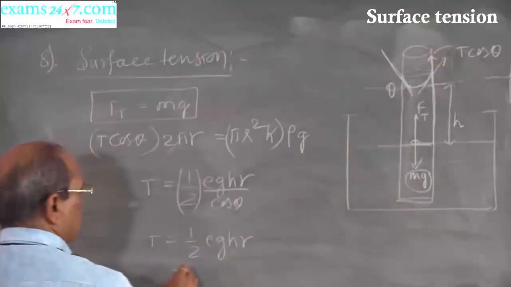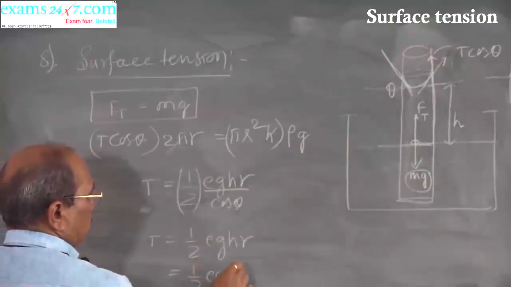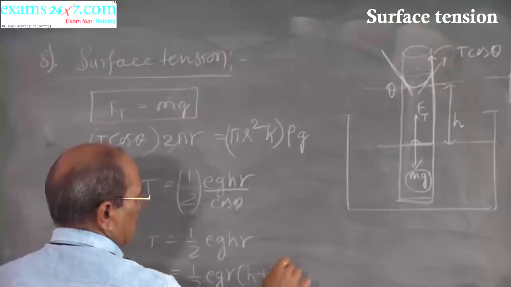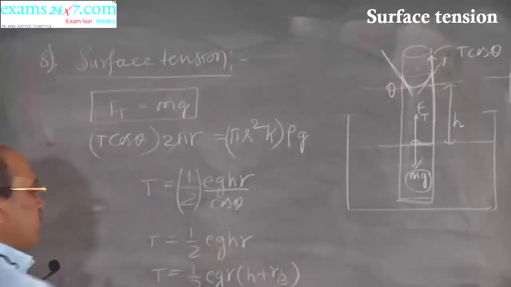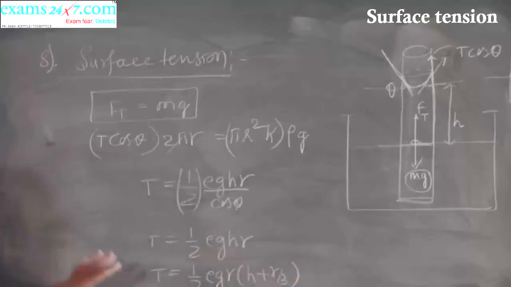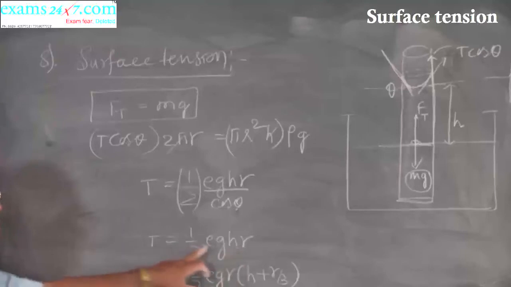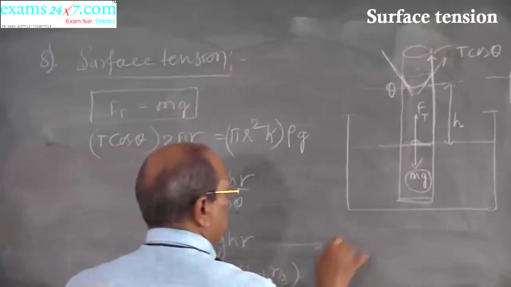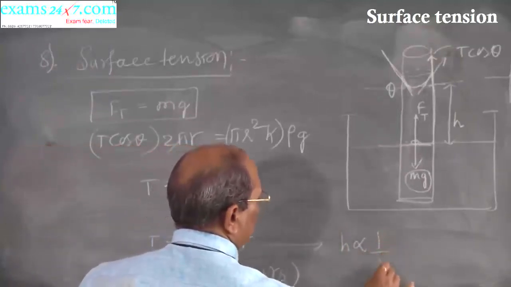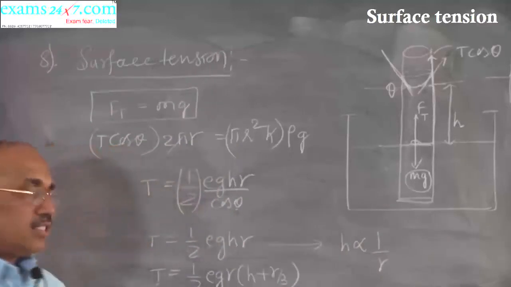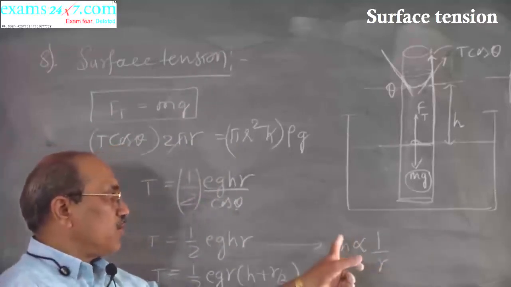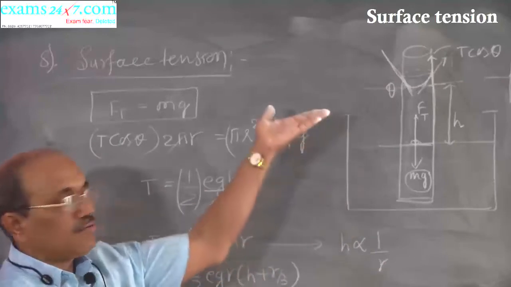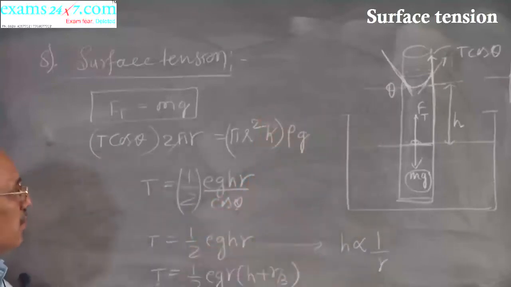And a more appropriate equation may be written as half rho g r into h plus r by 3 for surface tension. For a given liquid at a given temperature, T is constant. If you observe here, density is the same, g constant, T same, the h r product remains the same, which means in case of capillary rise, h is inversely proportional to r. The larger the radius of the capillary tube, the smaller is the height to which the liquid rises or falls.